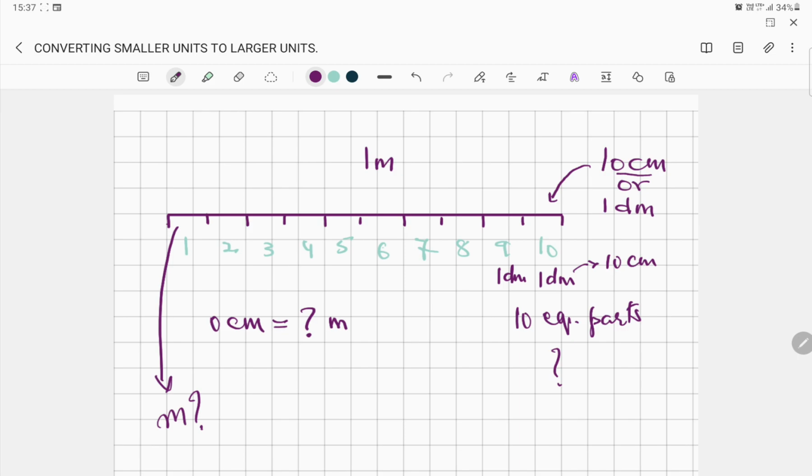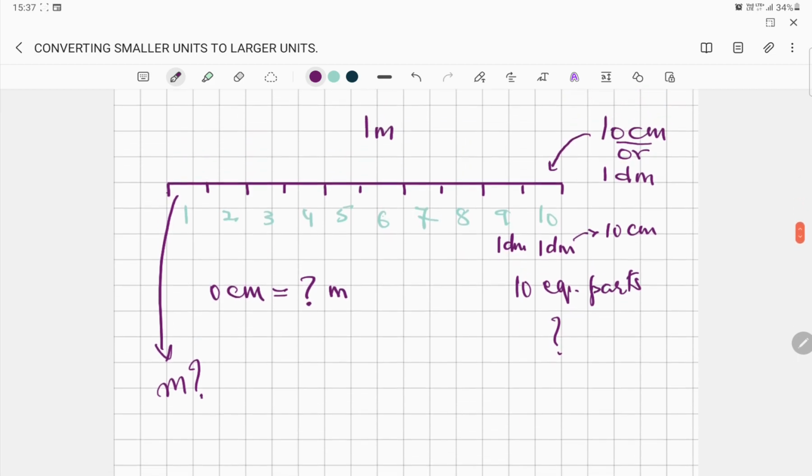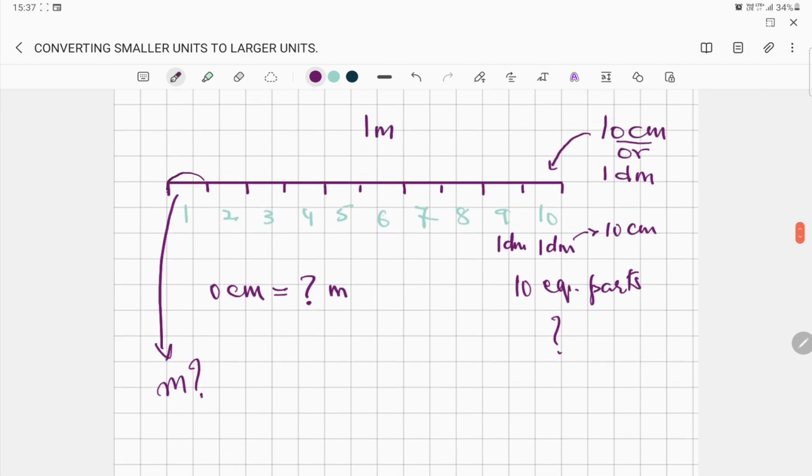That becomes a challenge. So my first question to you is, is each of these small segments equal to 1 meter? Or is it greater than 1 meter in length? Or is it less than 1 meter in length?